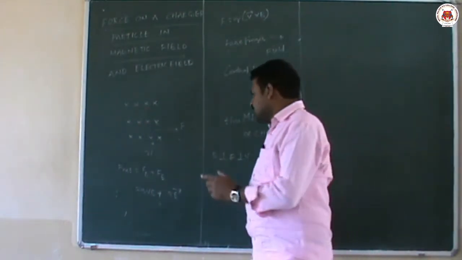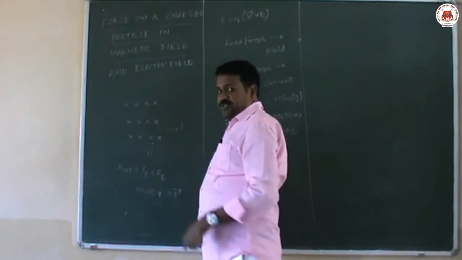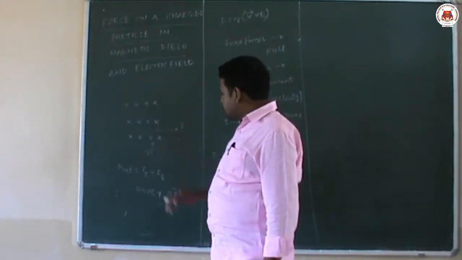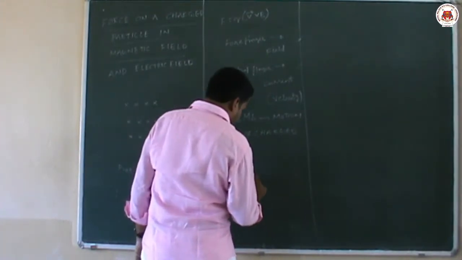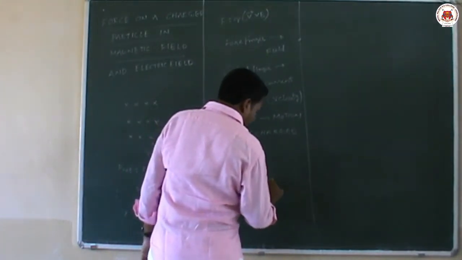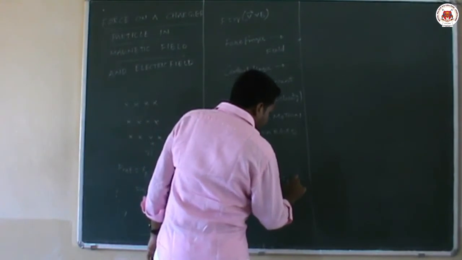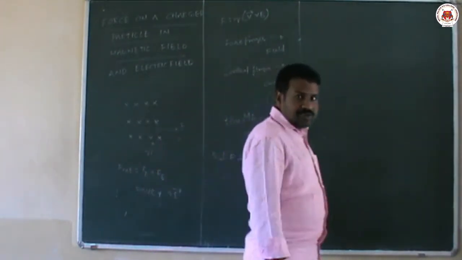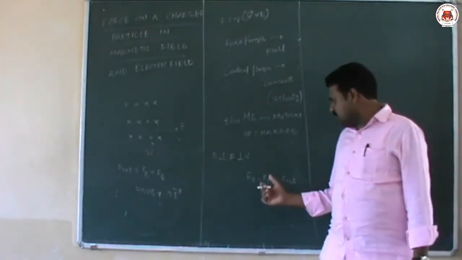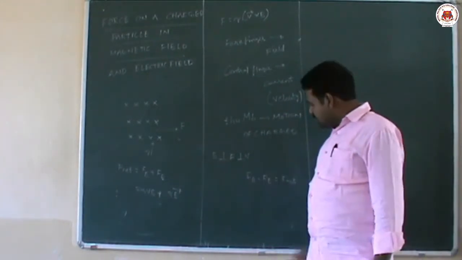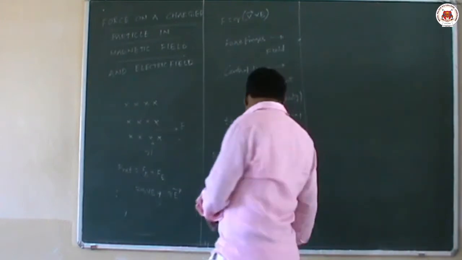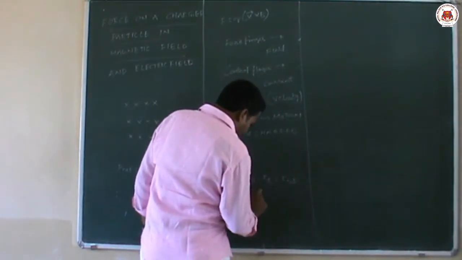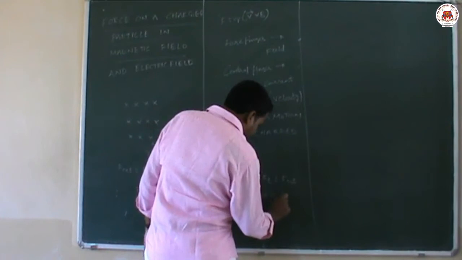Now what happens? A positive charge will always move in the direction of the electric field, so FB and FE are opposite. FB minus FE is the net force. If I change the velocity and adjust the electric field, I can get a condition where the net force is equal to 0.